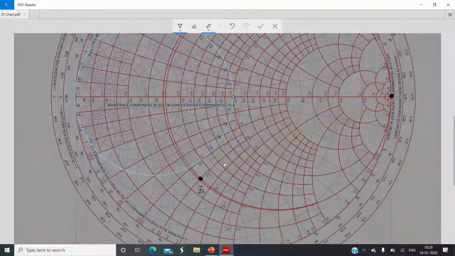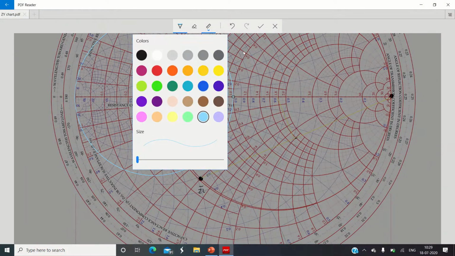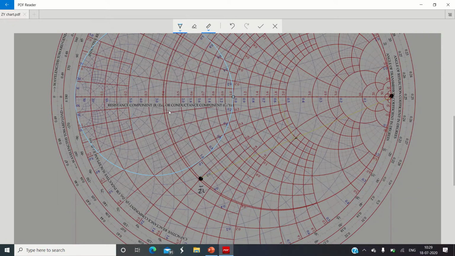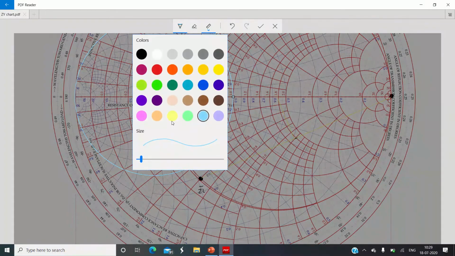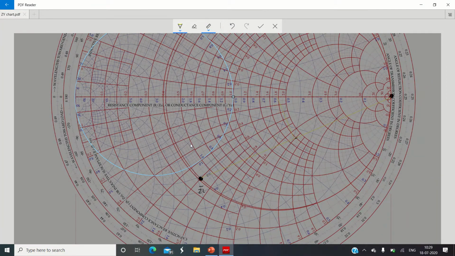Now I will change the color, increase the thickness a little bit, and select yellow color for tracing. Put your pencil on ZL bar and start tracing the unit resistance circle which we have just drawn. Trace along with me.